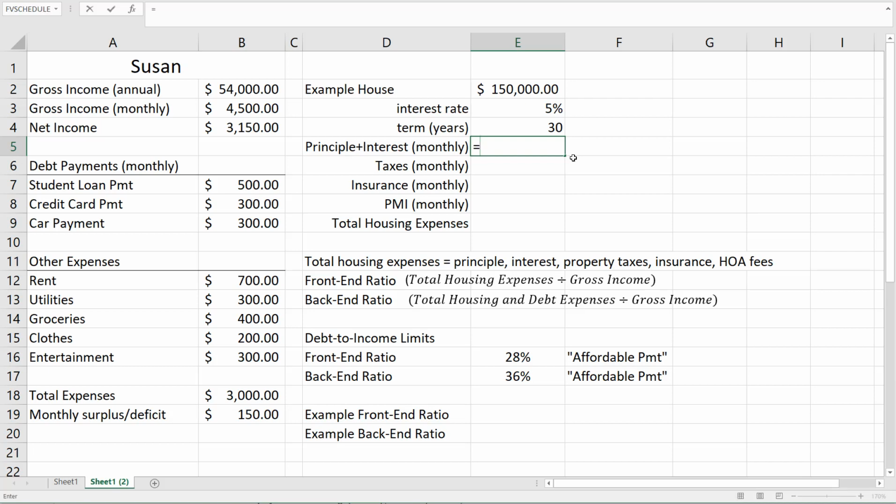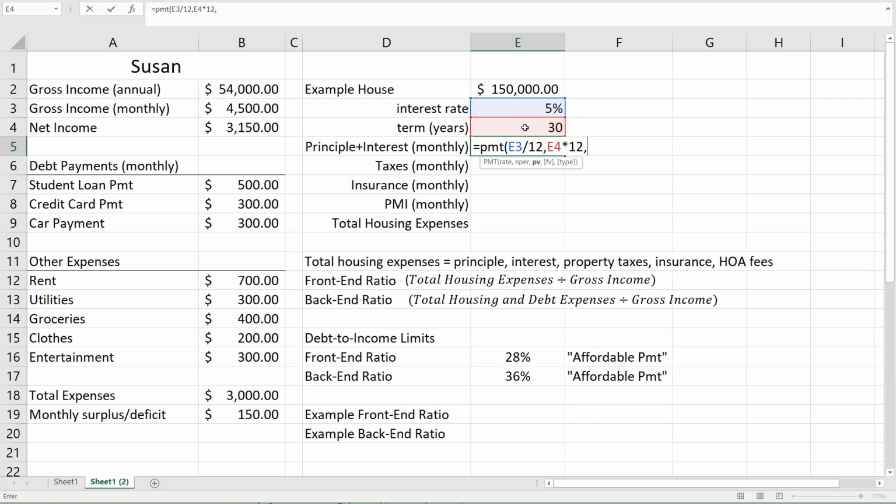So in order to determine what the principal and interest are going to be, we're going to use the Excel function PMT, payment. If you don't know how this works, I'll create another video, but basically we're going to say the interest rate monthly is going to be 5% divided by 12 because there's 12 months in a year. The number of periods is going to be 30 times 12, 30 years times 12 months each year.